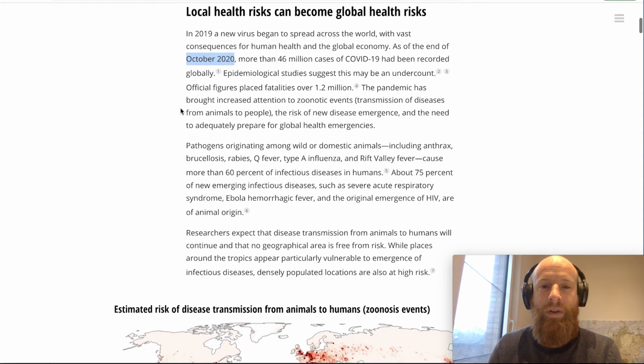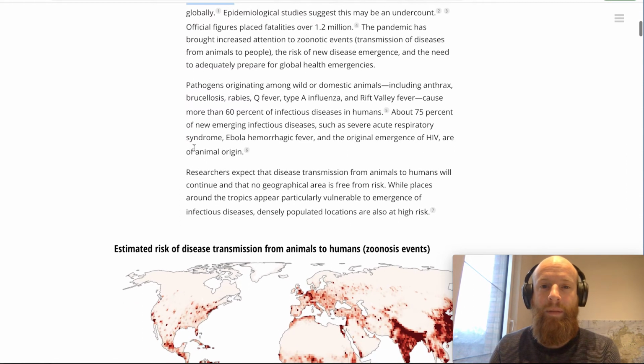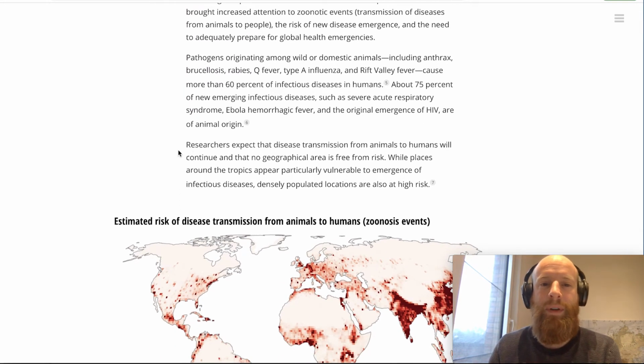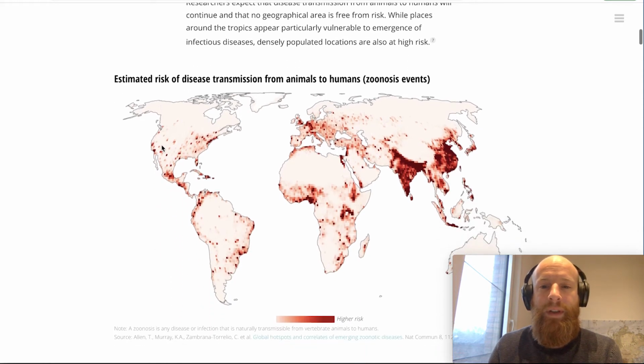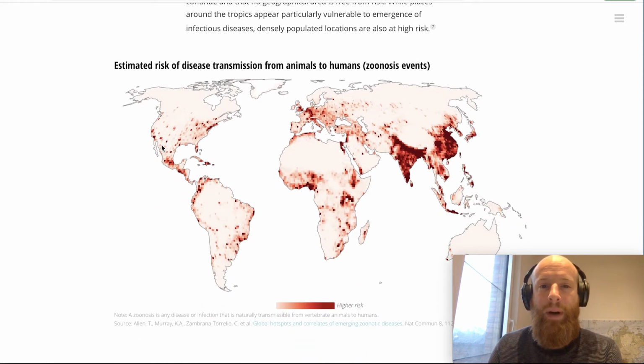But the introduction is about COVID-19 and how it started really, because the first visualization is a map about zoonosis events. So COVID-19 originally, or very probably, came originally from bats.